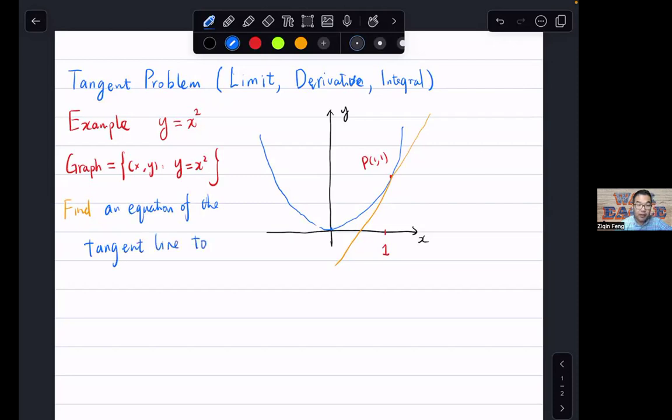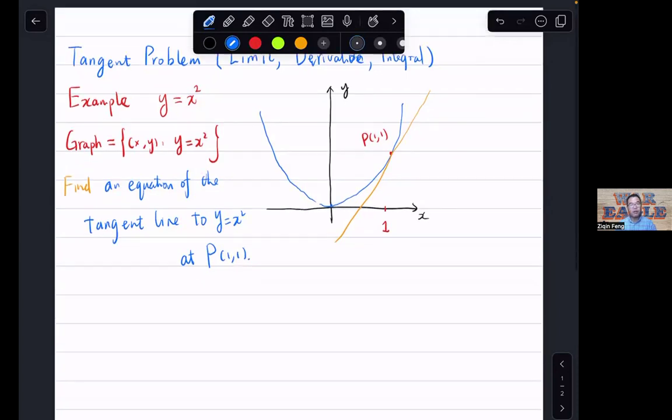The curve is given by the equation y equal to x squared, at the point P, which is 1, 1. So that's our natural question. You can consider other curves and different points, but basically the question is, given an arbitrary curve, if the curve has a tangent line, we are looking for the tangent line equation. That's what we want to solve.